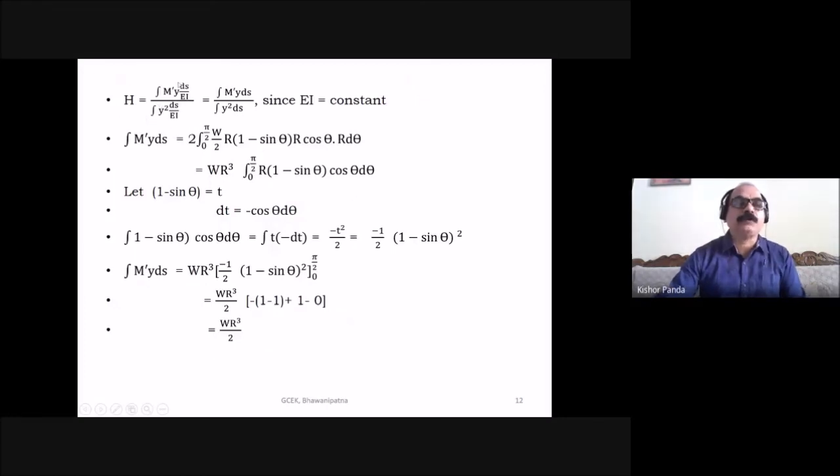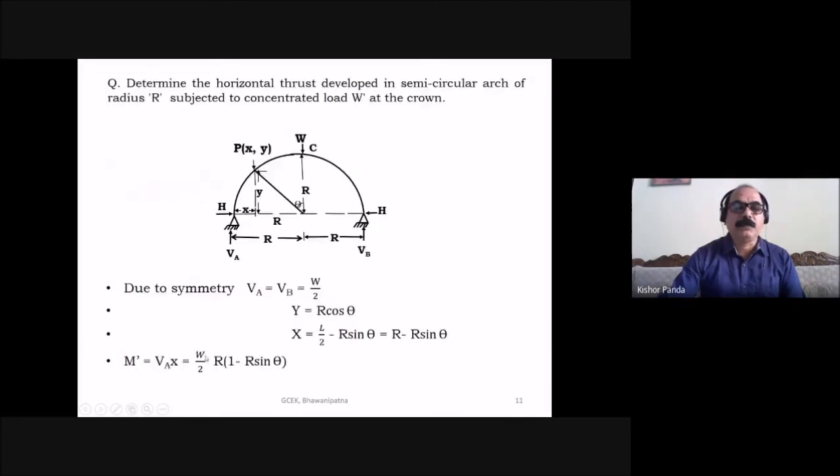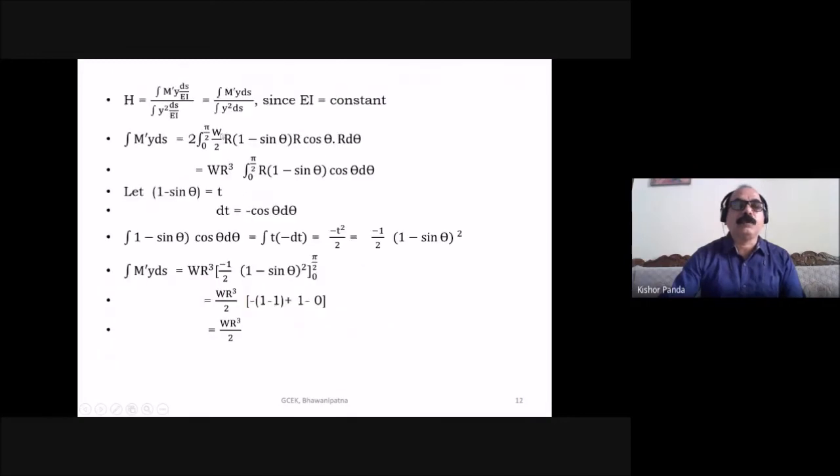The horizontal force is equal to the integration of M dash y ds by EI, divided by the integration of y square ds by EI. EI is constant. So for M dash y ds, you take M dash as W by 2 R into (1 minus sin theta), integrating from 0 to pi by 2.